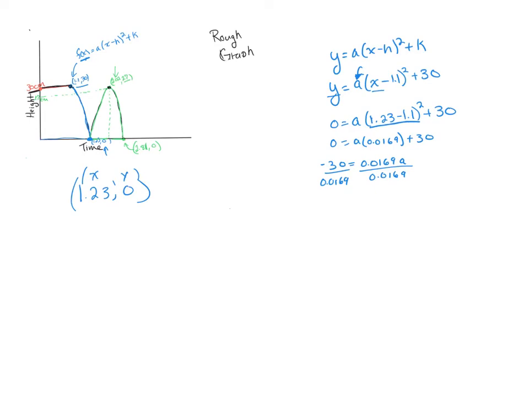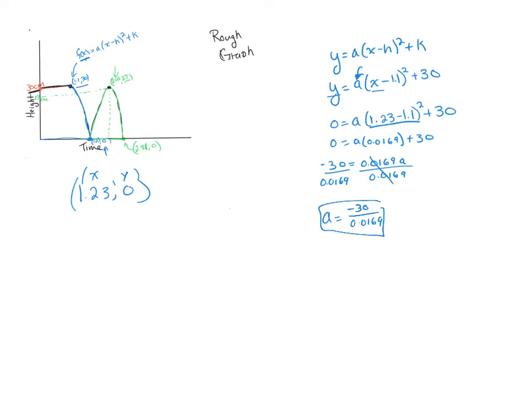Now, I could plug this into my calculator and get a crazy long decimal, but that actually makes my answer less accurate. So I'm just going to say that a is going to be equal to negative 30 divided by 0.0169, and I'm just going to leave it like that completely.